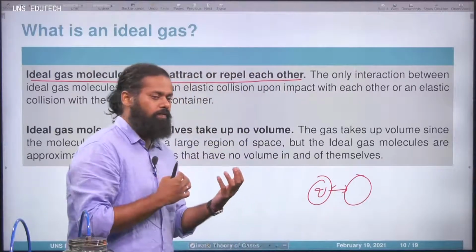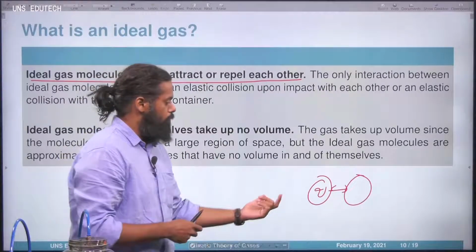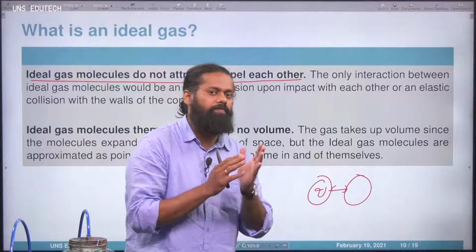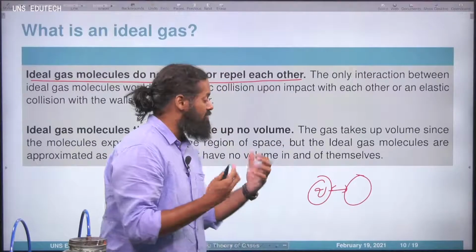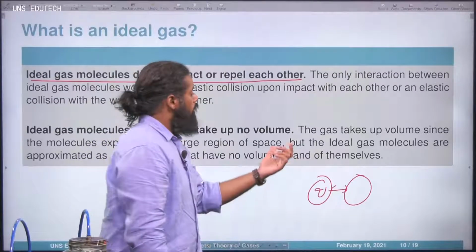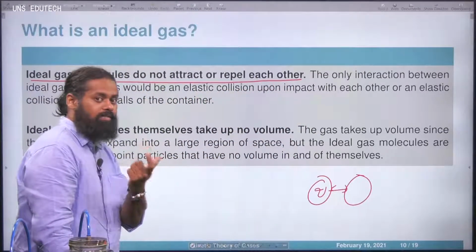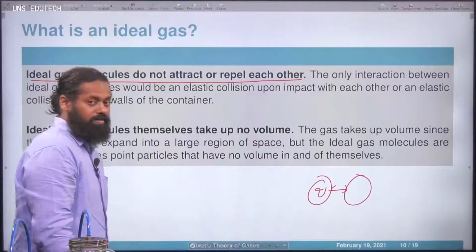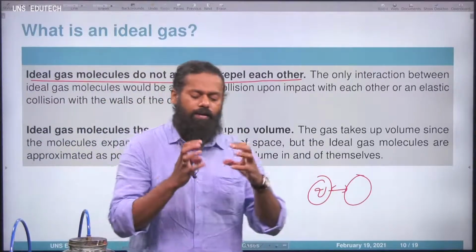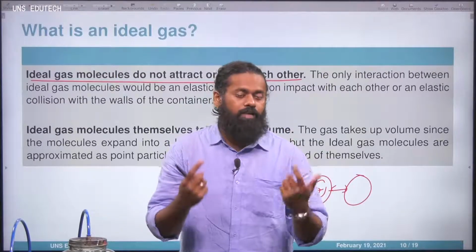If some friction is there, then heat energy will be generated when the particles hit. If that is not happening, we call it a perfectly elastic collision. So if you are calling a gas ideal, we are assuming that they are not interacting with each other, and the only interaction is the collision, which is elastic. Very, very important concept.